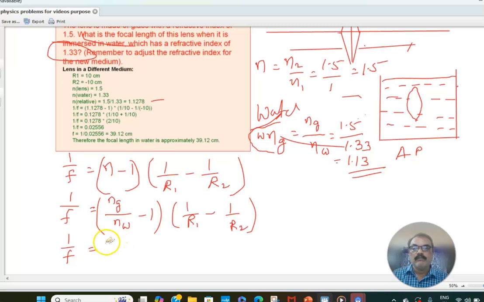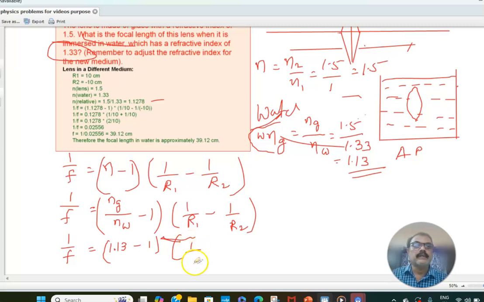N glass by N water is 1.13, because it will come as 1.1238. So roughly it will become 1.13. So then minus 1, right? समझ में आ रहा ना? आस्ते आस्ते सीखना है. Bracket 1 by R1.